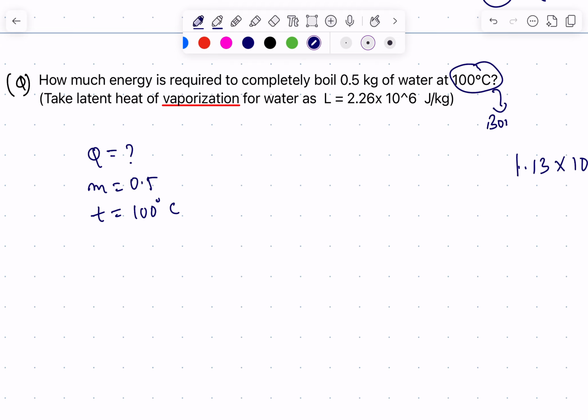The boiling point is 100 degrees Celsius and the freezing point is 0 degrees Celsius, so you don't have to do anything with it. It just says that the water is getting boiled. And the latent heat of vaporization, L, is given as 2.26 into 10 raised to power 6 joule per kg.